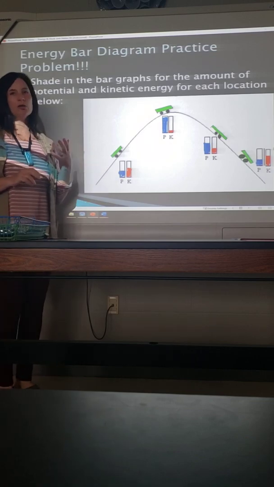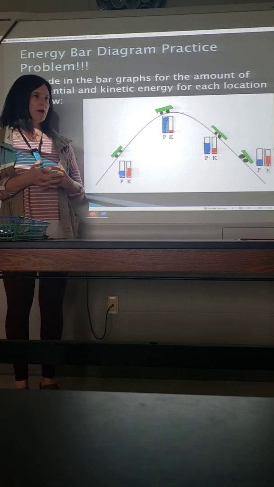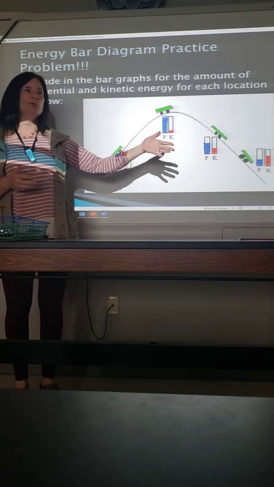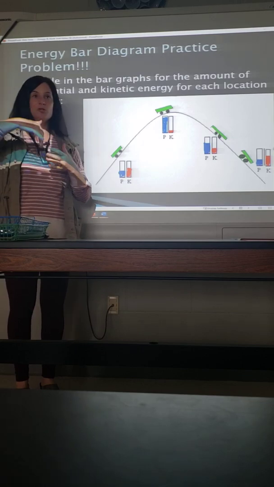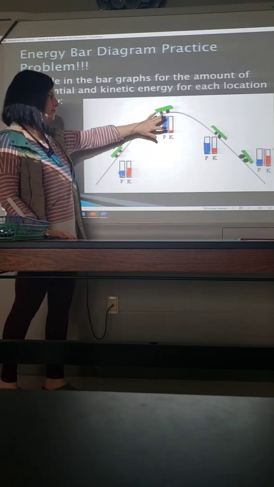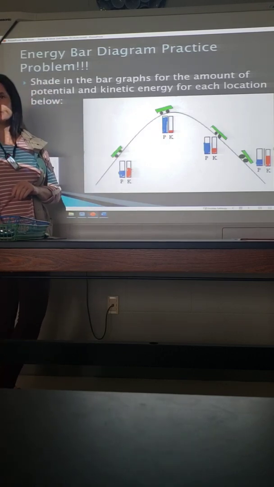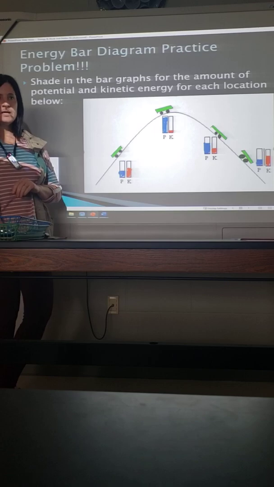So again, looking at height is usually the easiest way to visually see what's going on. Obviously, these are not moving, so it's hard to see the motion, but we can visually see the height. So I always pick either the highest or the lowest to start with and work my way from there. Any questions on these?